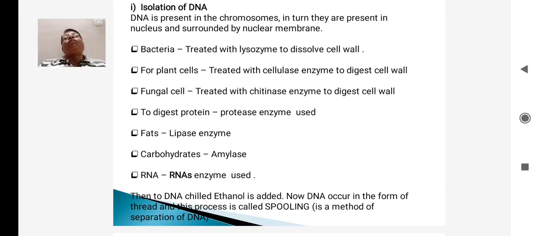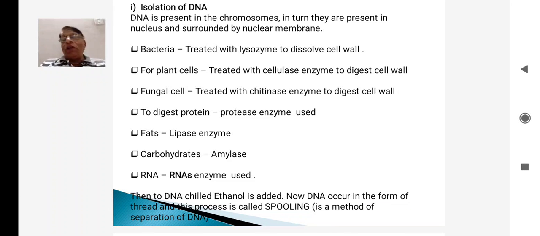It occurs in the form of thread-like structure. This process is called spooling. So in this way, the DNA present in bacterial or plant or fungal cells is isolated. So this is also for a 3-mark question.